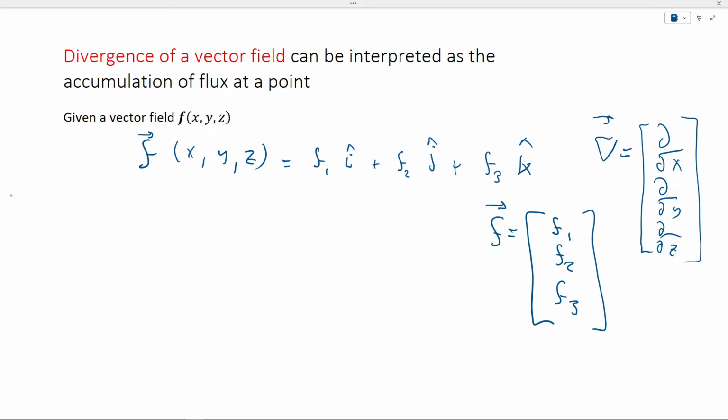Now this is the dot product of this guy. So this is a vector and this is a vector. The dot product of these two vectors, you know what we will get? We'll get a scalar.